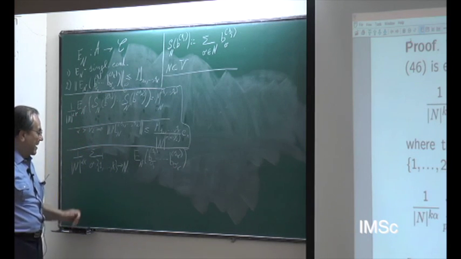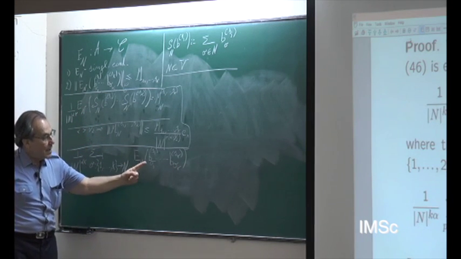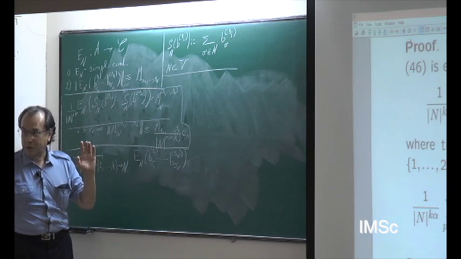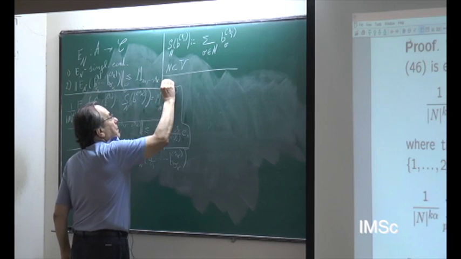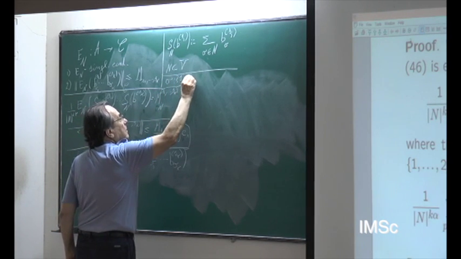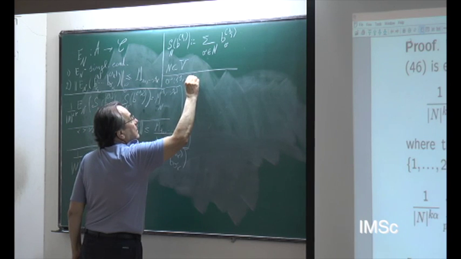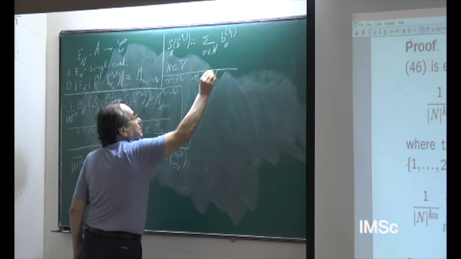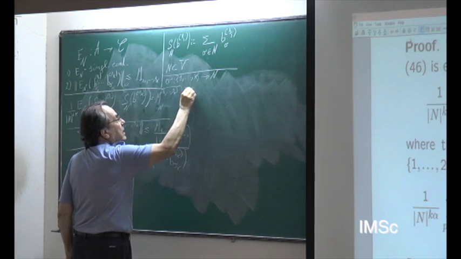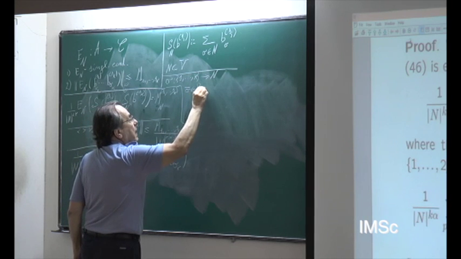So, remember what a singleton is. I have this map from 1..k to a subset n. Then I have an element sigma bar in the range of this map.